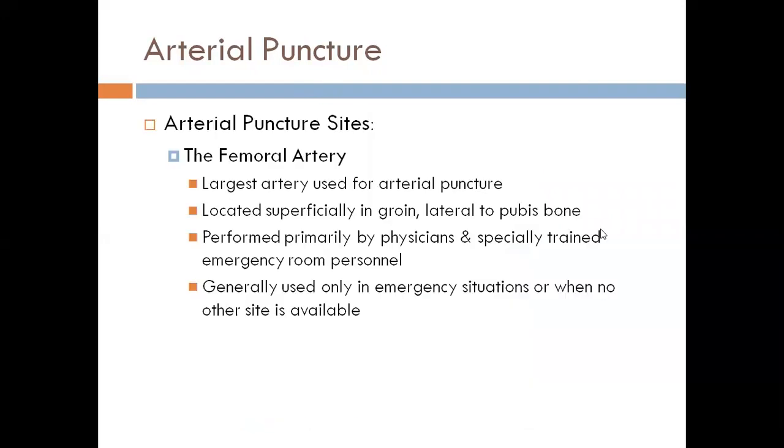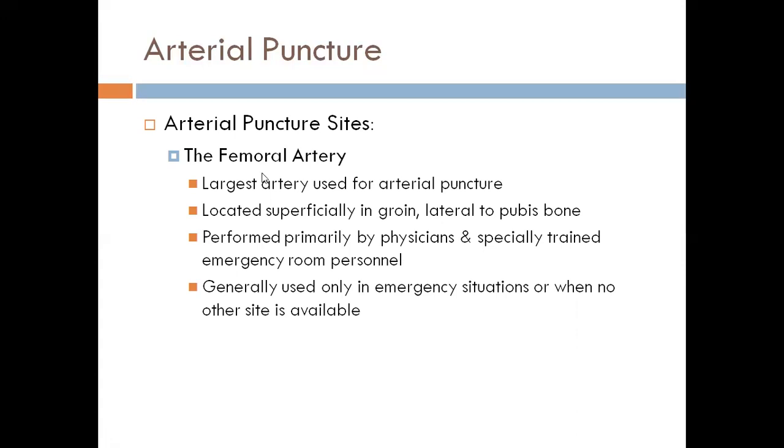Okay? So, next artery that we can use for arterial puncture is, of course, the femoral artery. This is considered the largest artery used for arterial puncture. This is located superficially in the groin, lateral to the pubis bone. This is performed primarily by physicians and specially trained emergency room personnel, meaning not all sites for arterial puncture can be performed by those who are trained in performing arterial puncture.